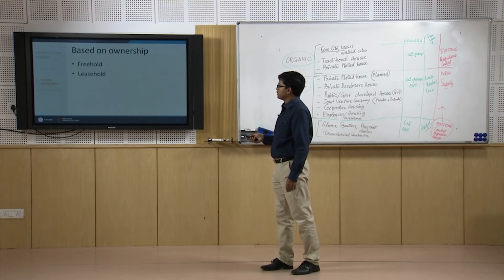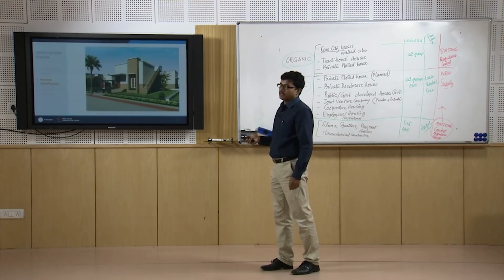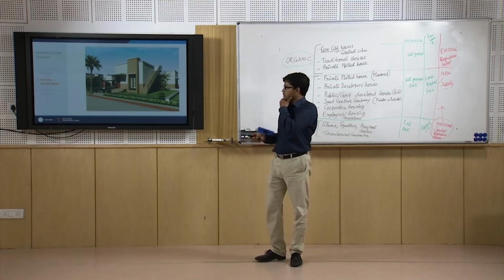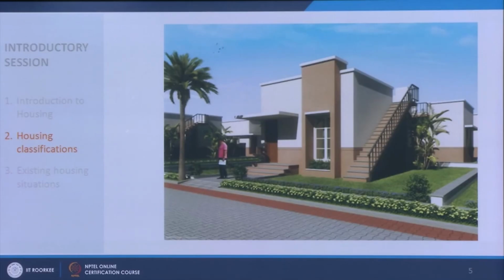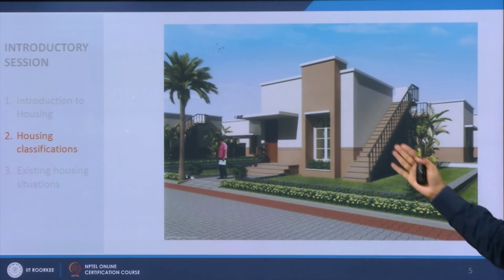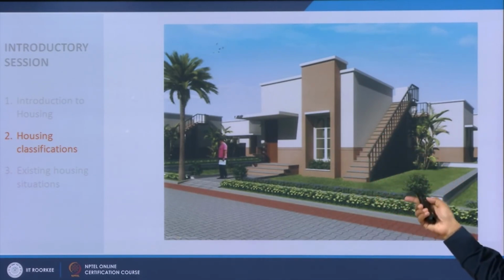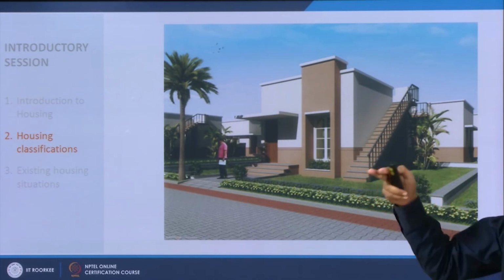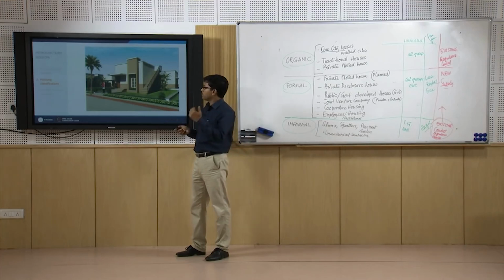So based on the land ownership, this is a typical example of a plotted house, where in most cases a single person owns the land and building both. In this case, the owner owns the land and building both, and only the common facilities like the community center are owned by the community.